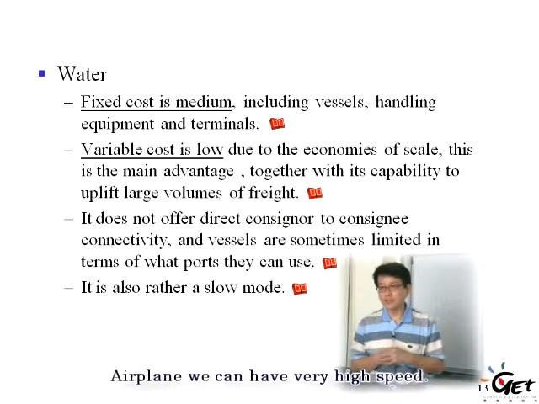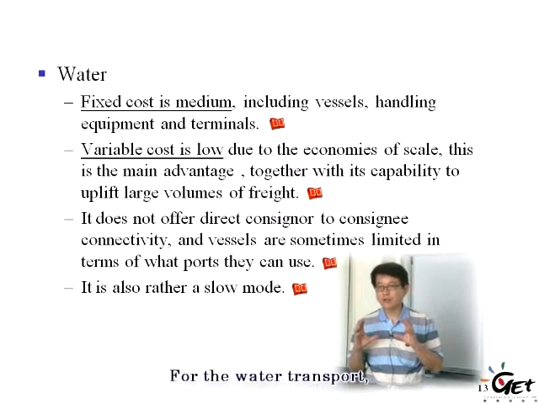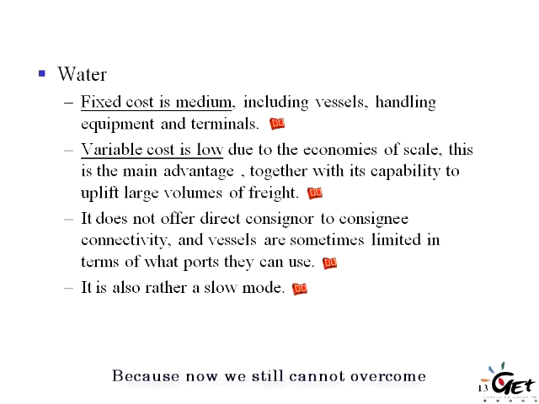For water transport, speed is limited because nowadays we still cannot overcome the resistance from the water. With very powerful propelling machines, maybe in the future we can have much higher speed compared to today. So this is the water transport mode.